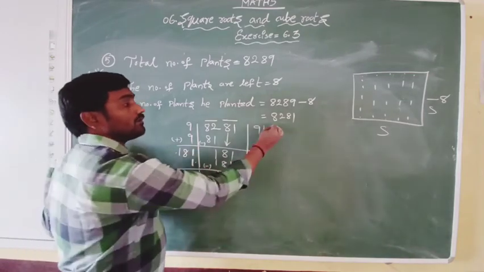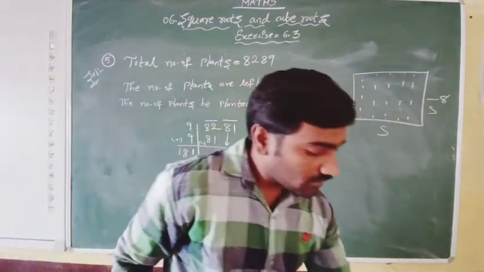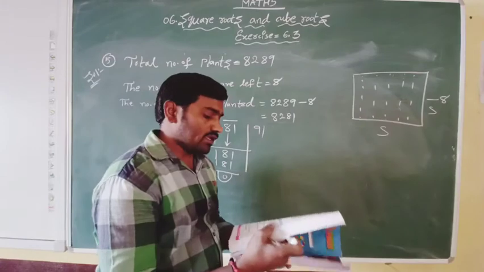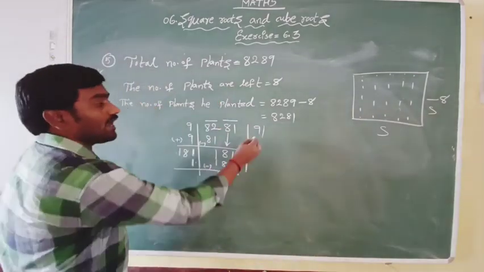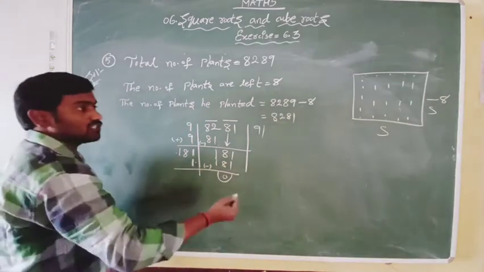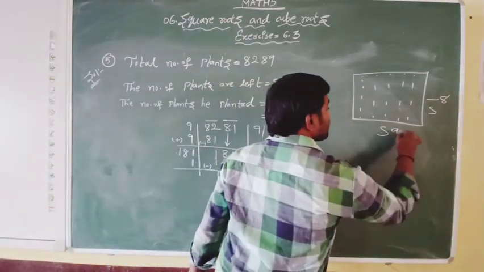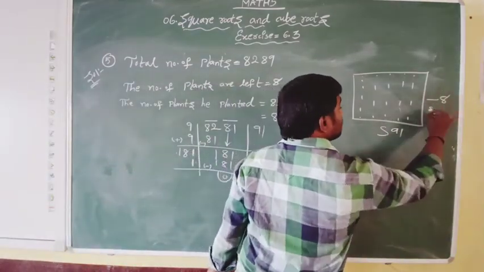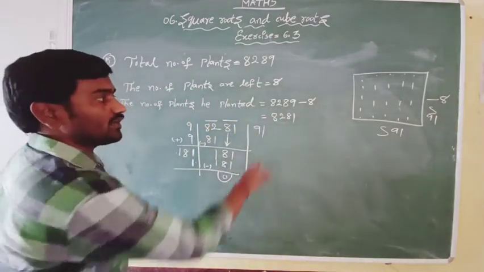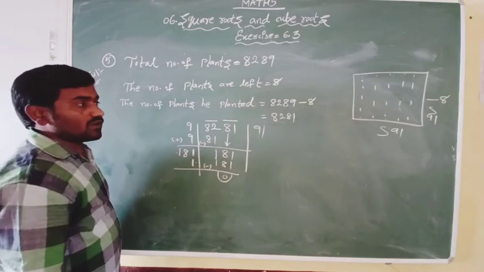So here the question is how many plants were in each row? Therefore 91 into 91 we get this. So in each row there are 91 plants. In each column there are 91 plants. 91 into 91 is 8281.